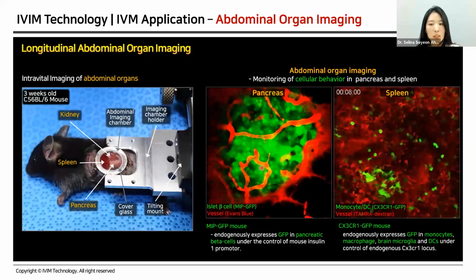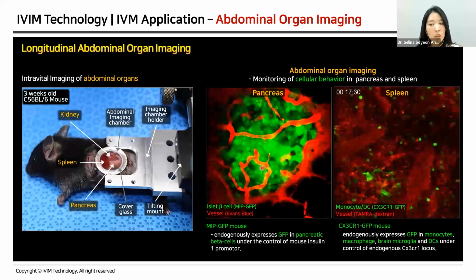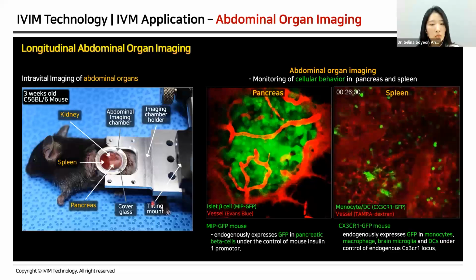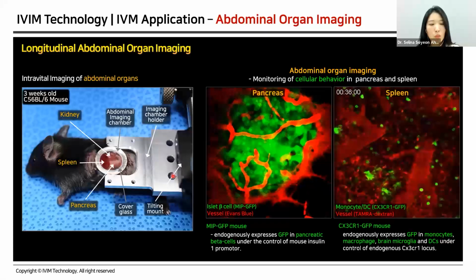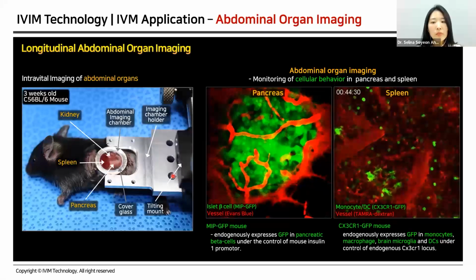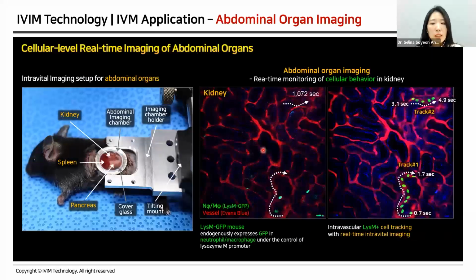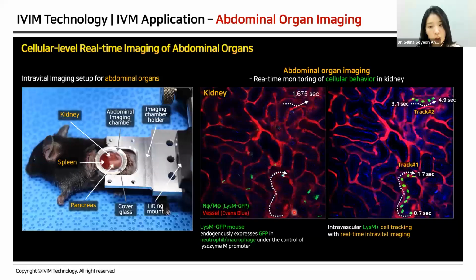The cell dynamics and development can be monitored on a long-term basis by utilizing this abdominal imaging window system. Especially in the kidney, we can do real-time monitoring of the in vivo cell behavior of neutrophils. From the real-time movie data, we can quantitatively analyze the cell velocity of each individual immune cell in real time.